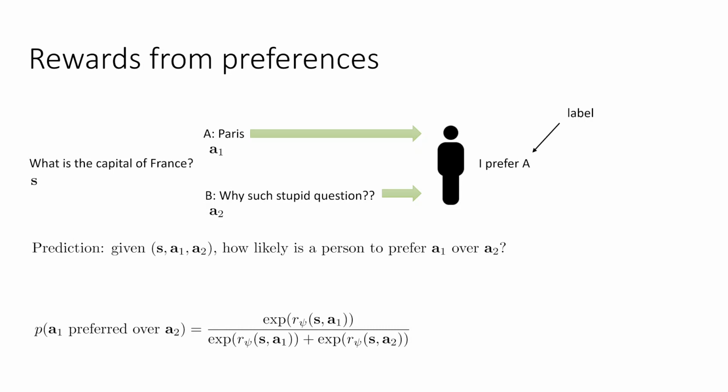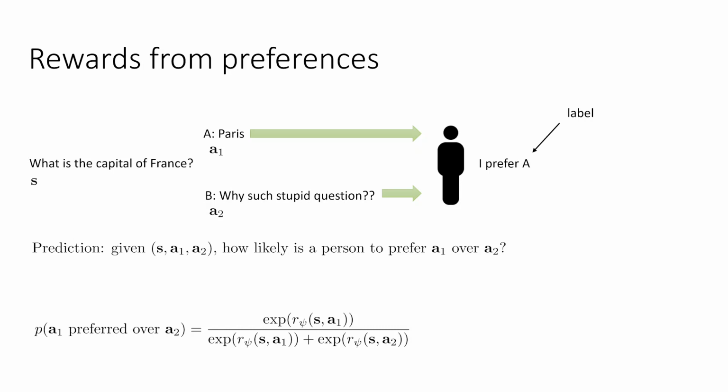But since what we want in the end is a reward function, what we can do is not actually train a neural network that predicts whether A1 is preferred over A2, but describe this probability as a function of reward. And there's a choice that we have to make here. One very popular choice, actually derived from the same mathematical foundations as maximum entropy inverse RL that we discussed in the IRL lecture, is to model the probability that A1 is preferred over A2 as the exponential of the reward of A1 divided by the exponential of the reward of A1 plus the exponential of the reward of A2.